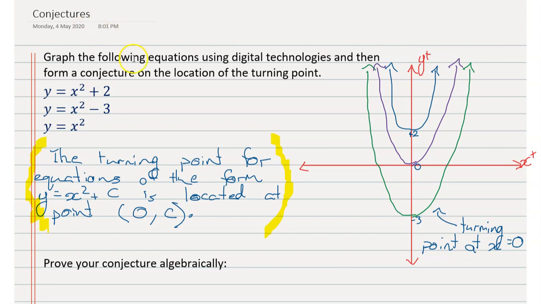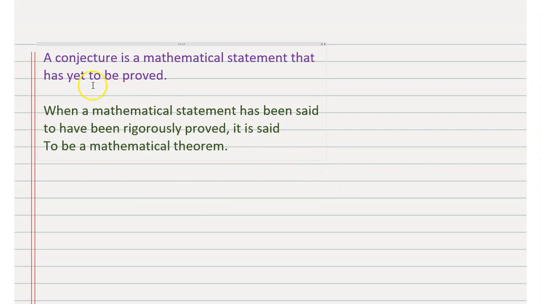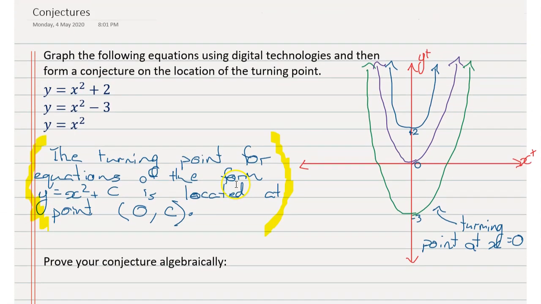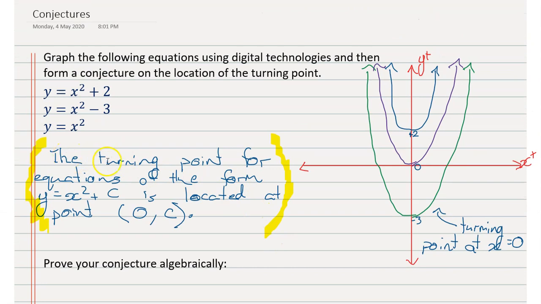Now we'll revisit the definition of a conjecture. We agreed that a conjecture is a mathematical statement that is yet to be proven. So this is definitely a mathematical statement, and it seems to be okay for this particular family of quadratics.